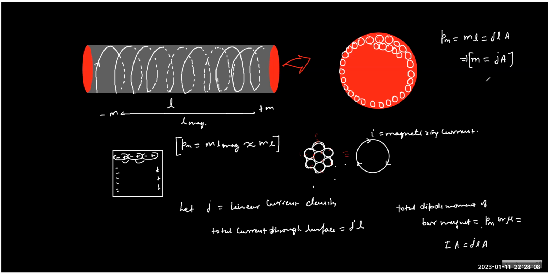So a bigger cross section will increase the pole strength, because J is current per unit length, which stays the same. As the length grows, the number of loops grows, one loop and then another, but J is constant. So a bigger cross-sectional area will have bigger pole strength. That is the equivalence, and we can always create these two equivalents.